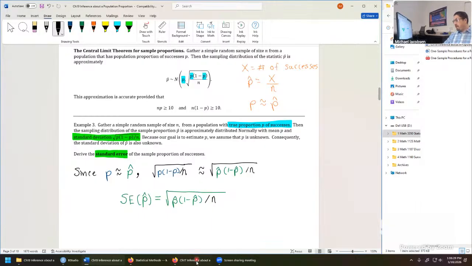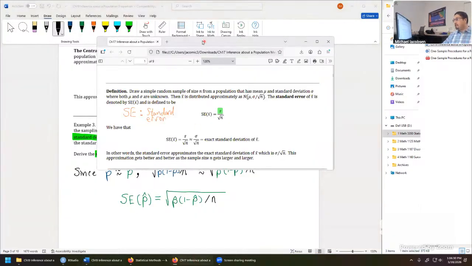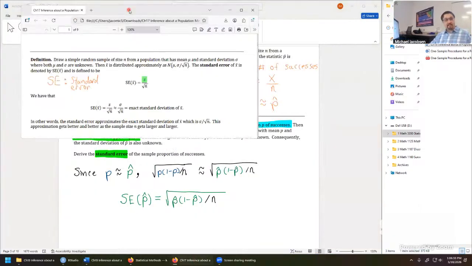Looking back at what we did in chapter 17, because the parallels are so strong, it's almost the same kind of thing. The only difference was it was a different normal distribution. It had two unknowns, an unknown parameter mu, the population mean, and a second unknown parameter sigma, the population standard deviation. We had to estimate sigma, and so we used the sample standard deviation s.